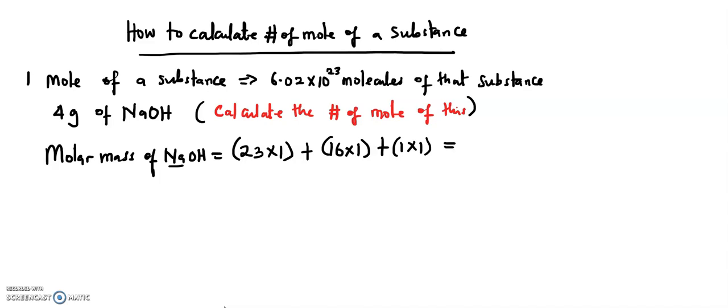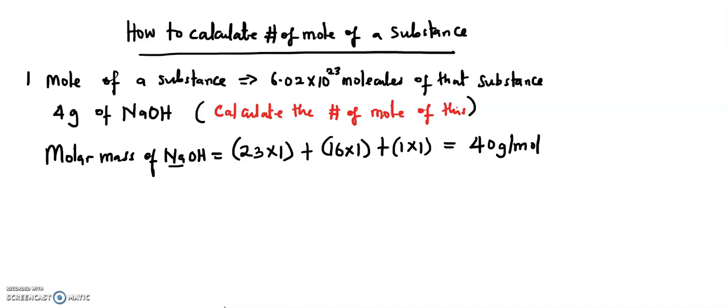If we sum these together, we will have a total molar mass value of 40 grams per mole. So this is the molar mass of sodium hydroxide.